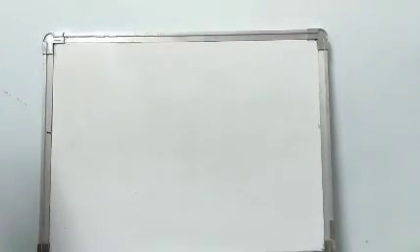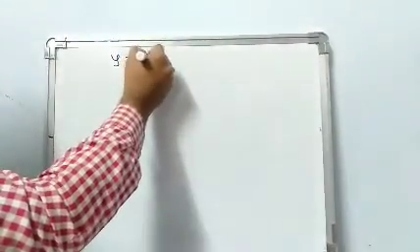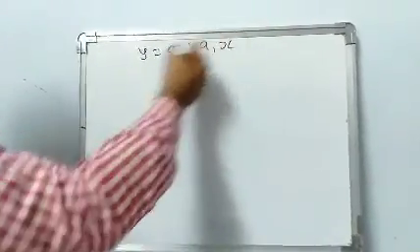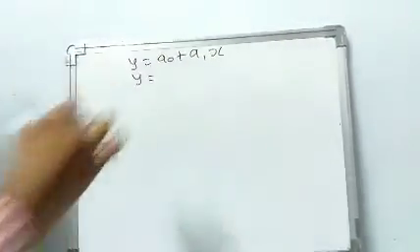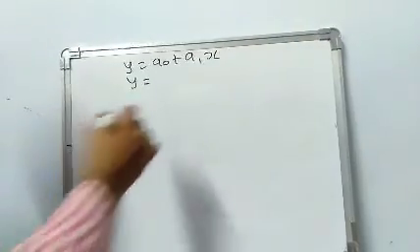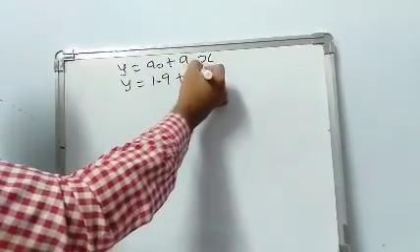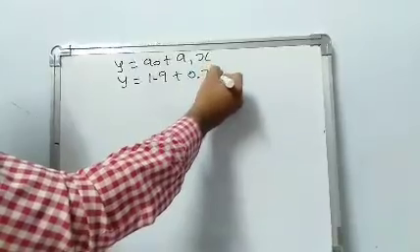Now substitute them in the regression equation. Our regression equation is y equals a0 plus a1 of x. So y equals 1.9 plus 0.7 x.